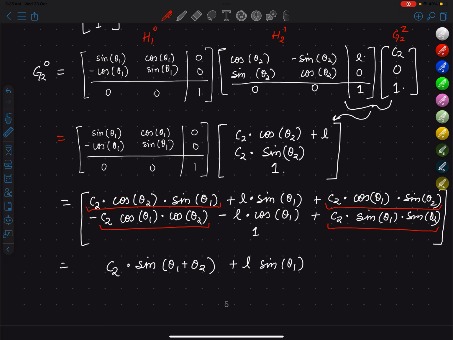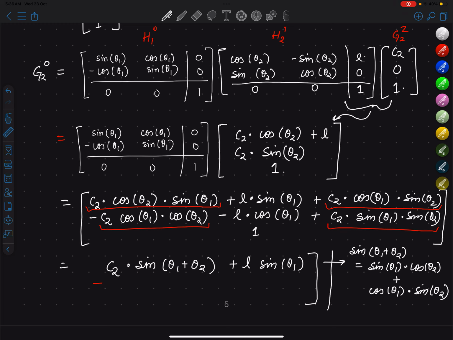So basically this identity was sine of theta 1 plus theta 2 equals sine theta 1 dot cos theta 2 plus cos theta 1 dot sine theta 2, right? So this we used here.